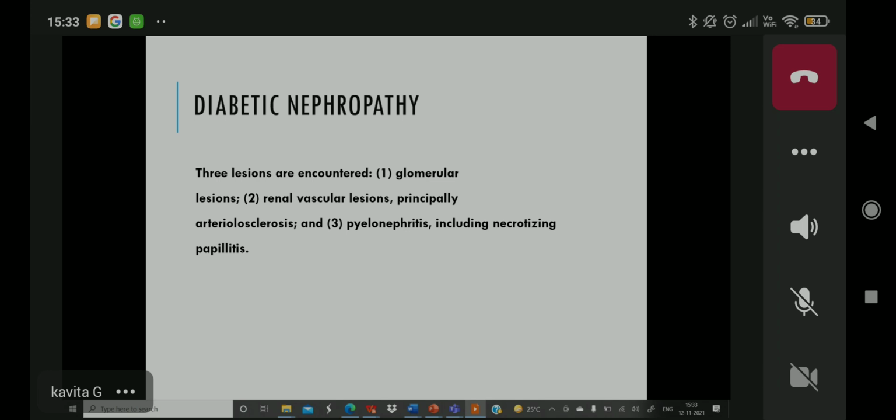Now the kidney is also gone. Any pathology of the kidney is divided into four compartments: glomerular, tubular, interstitial, and vascular. So in the glomerular lesions, we know very well that we have a number of changes. Vascular lesions like arteriolosclerosis and pyelonephritis, which we know includes necrotizing papillitis.